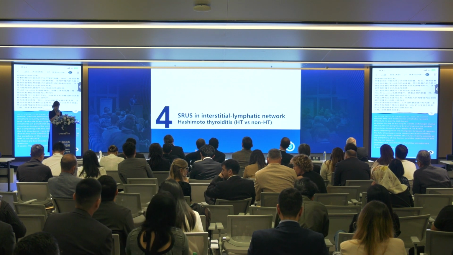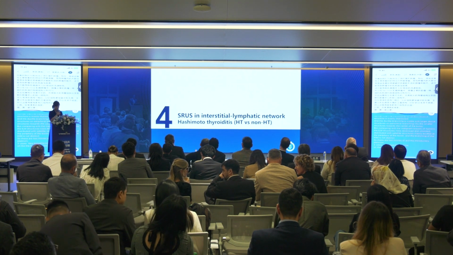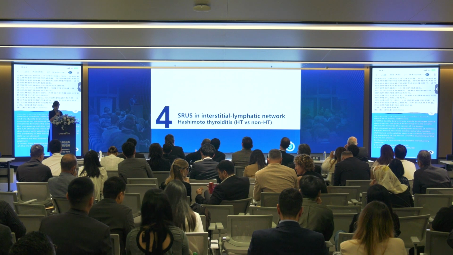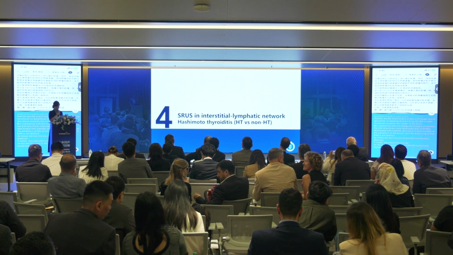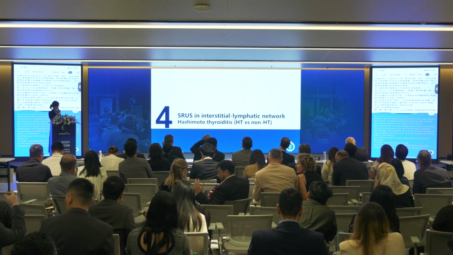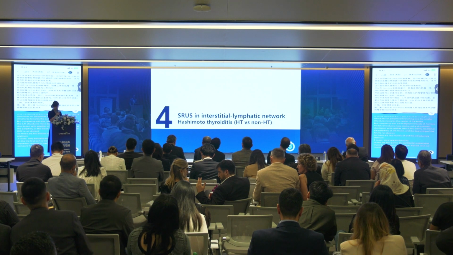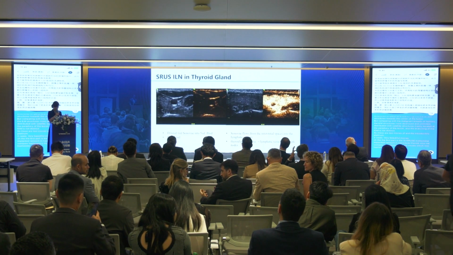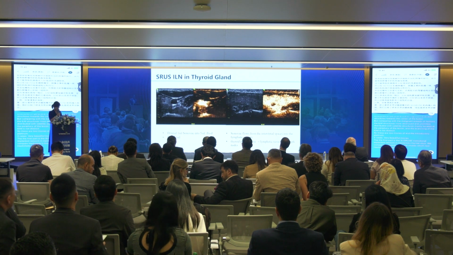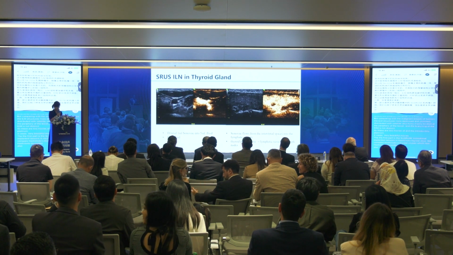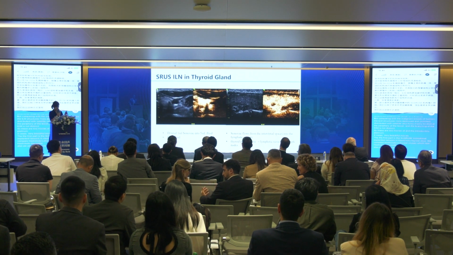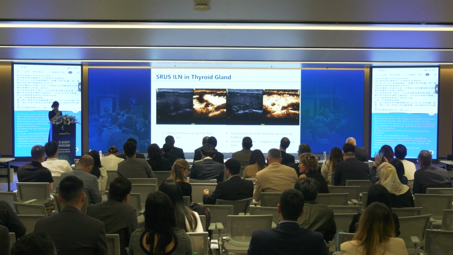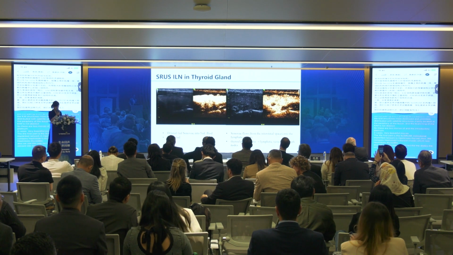The fourth part is SRUS in the interstitial lymphatic network. In Hashimoto thyroiditis, we compare Hashimoto thyroiditis with non-Hashimoto thyroiditis. Also, we use this way: we injected the contrast agent, Sonovue, into the thyroid gland directly.